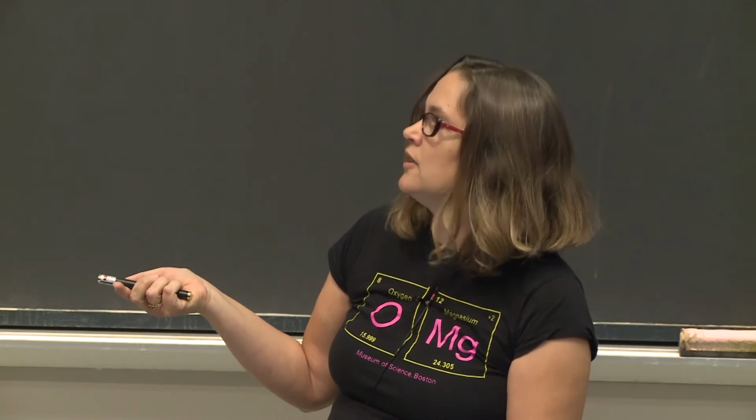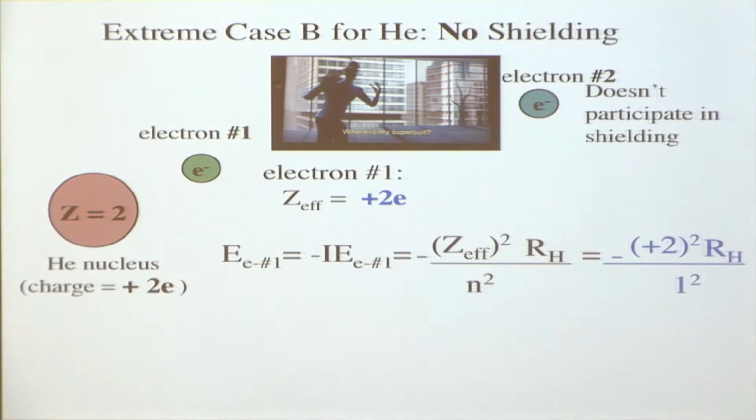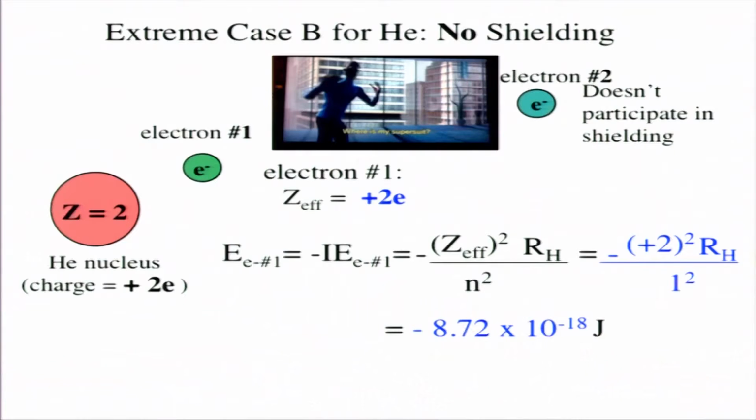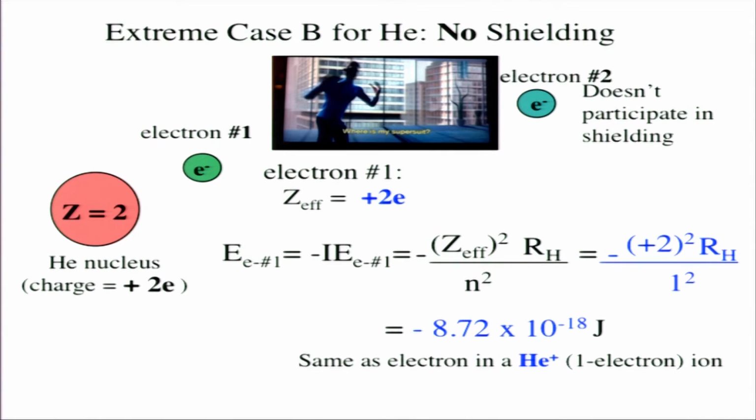Same equation. We put this in, but now the Z effective is 2. And we can calculate that. And now we get a value of minus 8.72 times 10 to the minus 18th joules. And this is actually the same as you would get for the scenario of helium plus, which is a one-electron system.